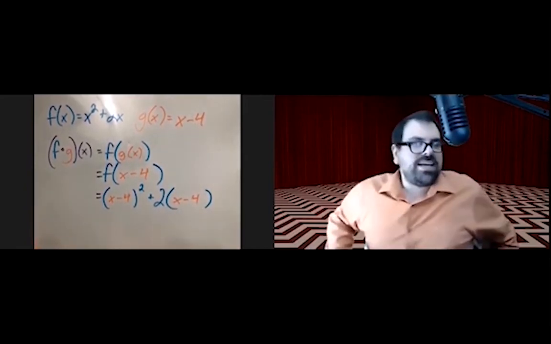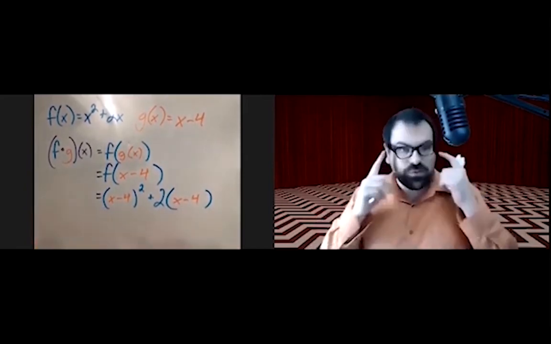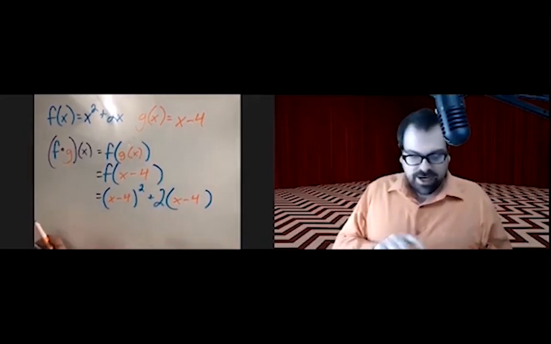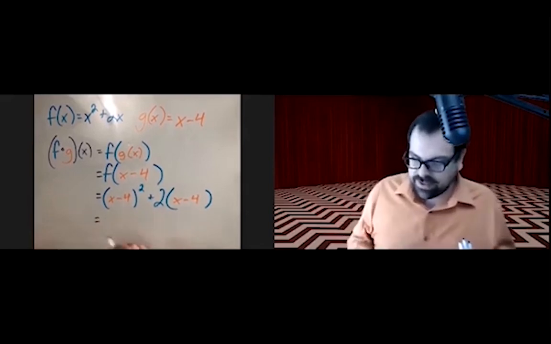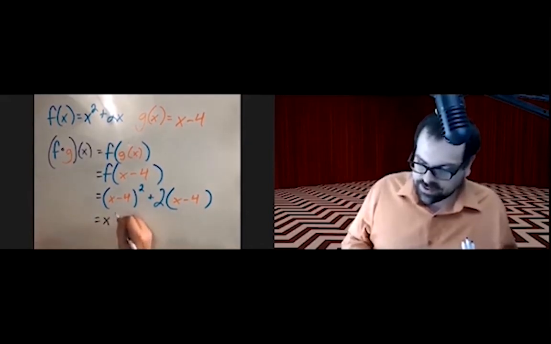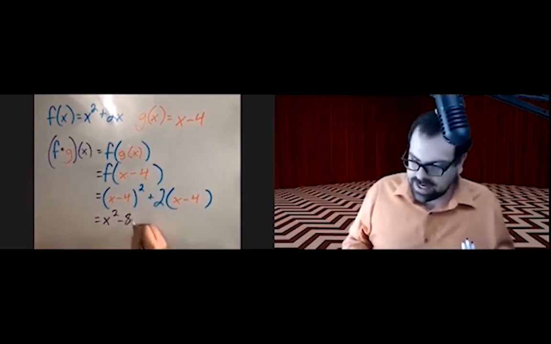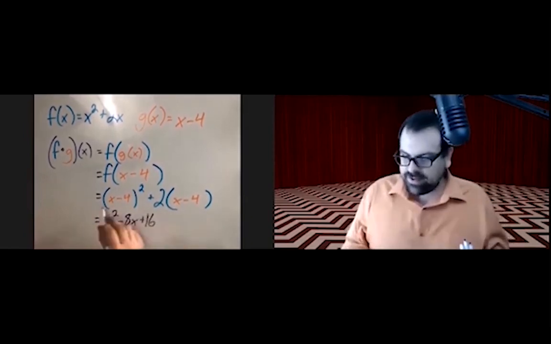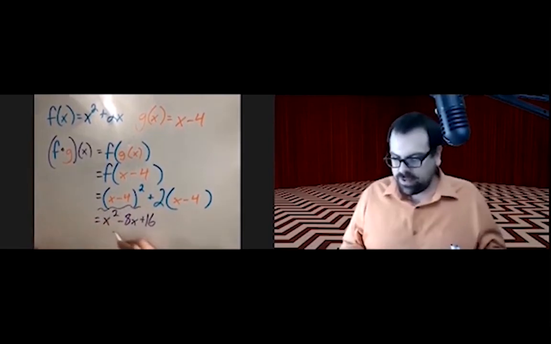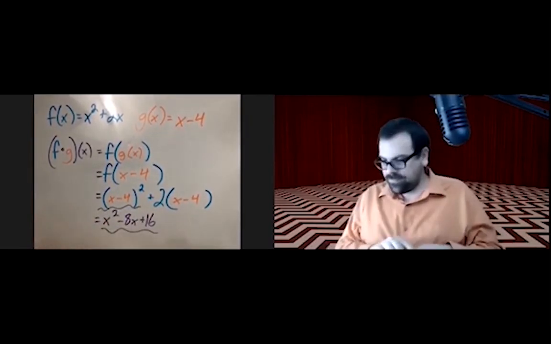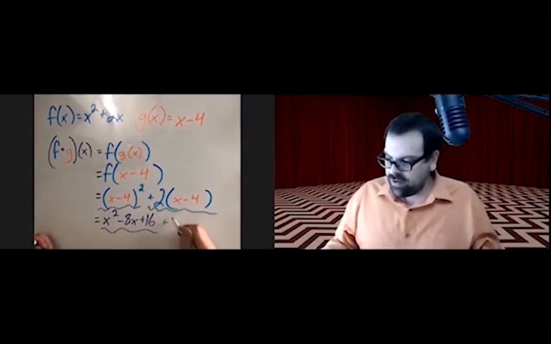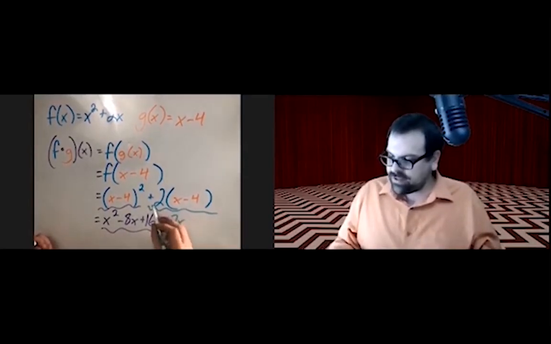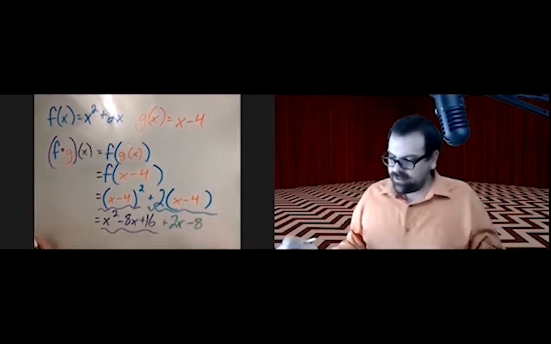So just like we did with the difference quotient work, x minus 4 squared, that's going to be x squared minus 8x plus 16. That's just this part. Plus this stuff, plus 2x minus 8.